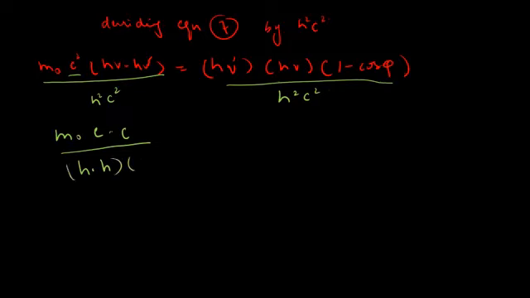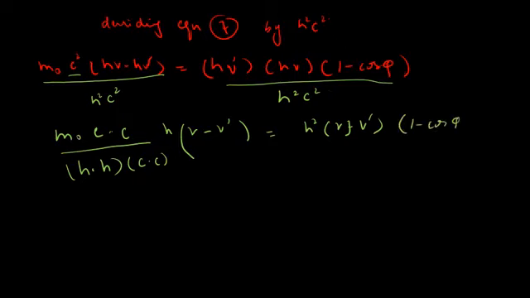Here we can take h as common in mu minus mu prime, and on the right we get h square as common in mu into mu prime into 1 minus cos of phi, divided by h square c square. So here it will be cancelled out. Again you can see that we can cancel it by this one and this one by this one.